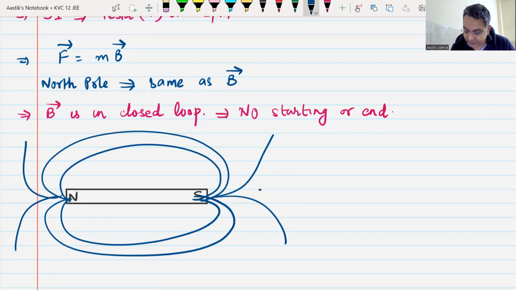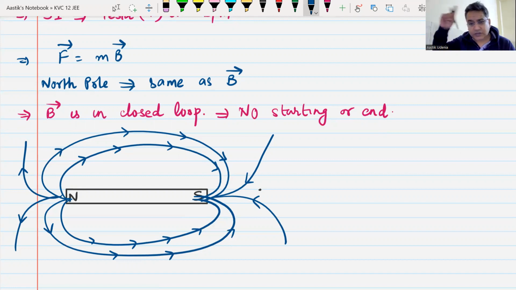Now, it is always going from north to south. Do we understand this? But as I told you, the magnetic field lines are in closed loops. So not only do they go from north to south outside the magnet, inside the magnet they are going from south to north.